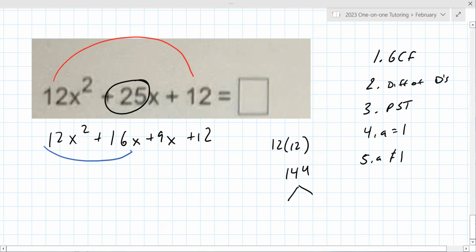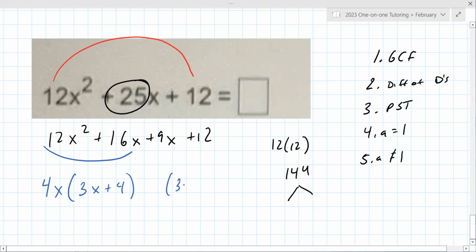Yep, the first two. That'd be 4, I think. So 4x, and then that leaves you with 3x plus 4 here.